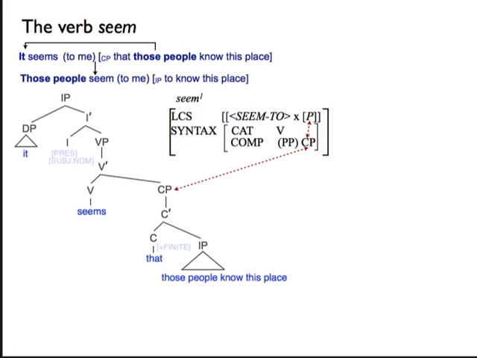"That those people know this place seems to me to be true." That would be a different construction because you've embedded this whole thing under "to be true." But if you did that, what you're doing there is creating a construction that allows you to do something that in principle you should be able to do. That is, I've only got one argument other than the "to me," right?